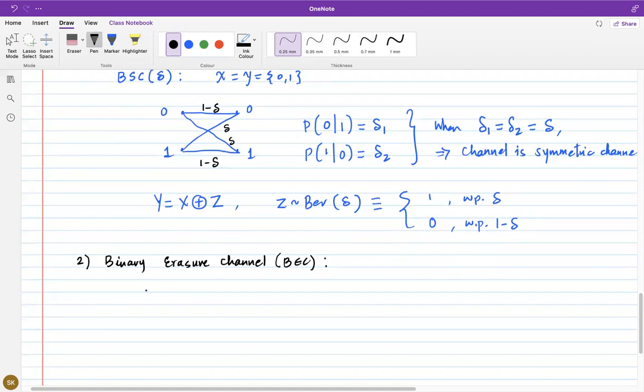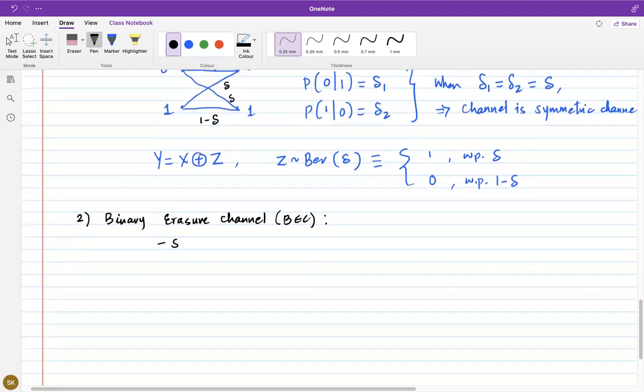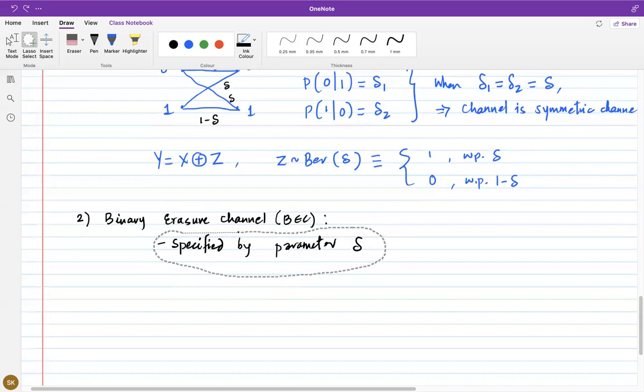This is also specified by the parameter delta. But unlike the previous case, where it was known as the crossover probability, here this delta is known as the erasure probability. I'll come to why in a minute.